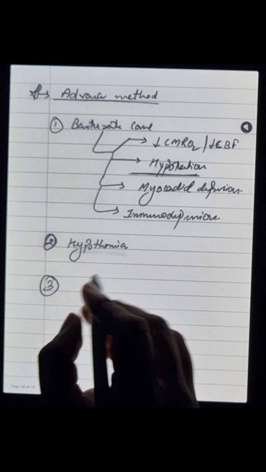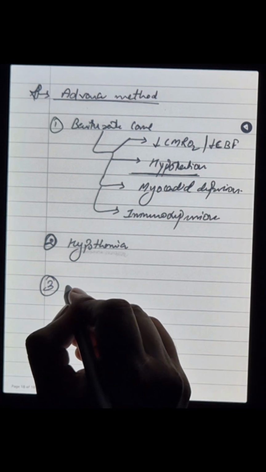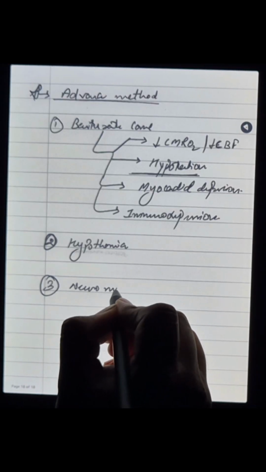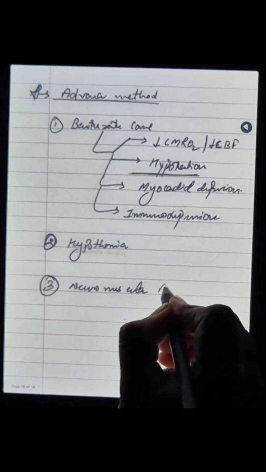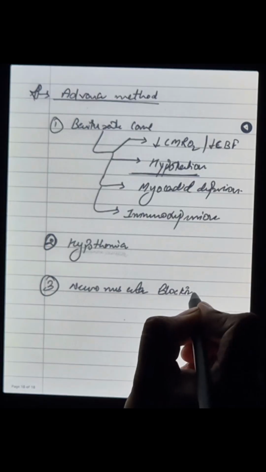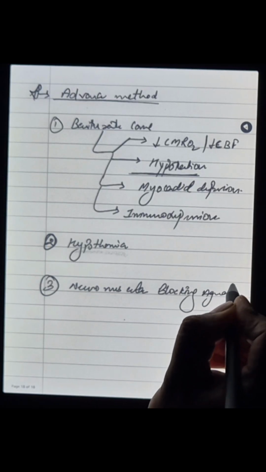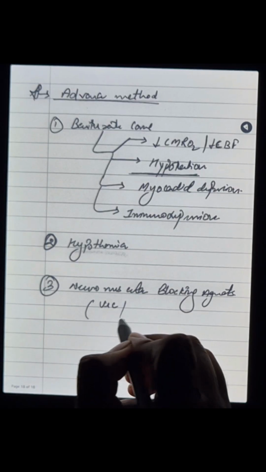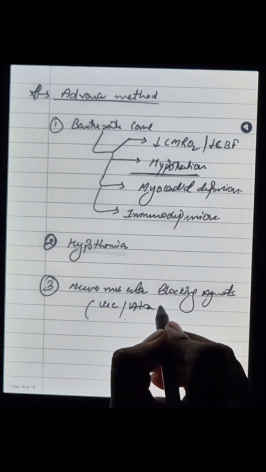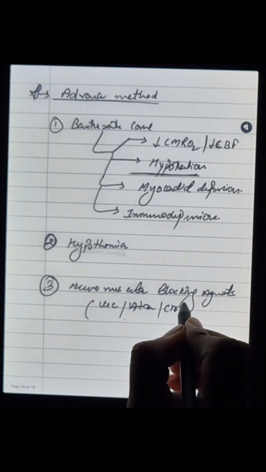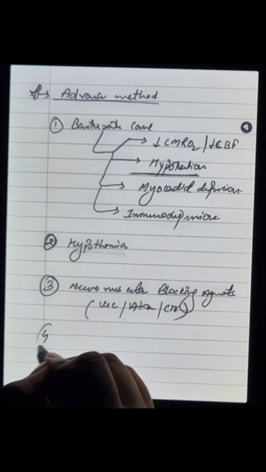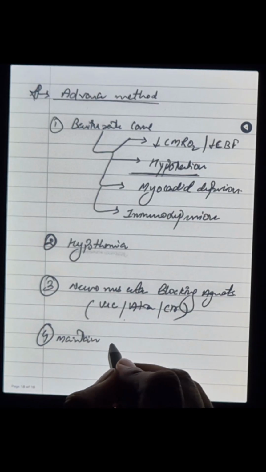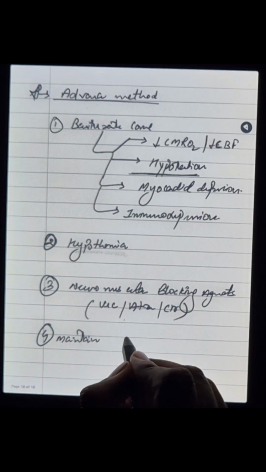Other thing we can use is neuromuscular blocking agents, which include vecuronium, atracurium or cisatracurium, and last and final we have to maintain the hemodynamics.